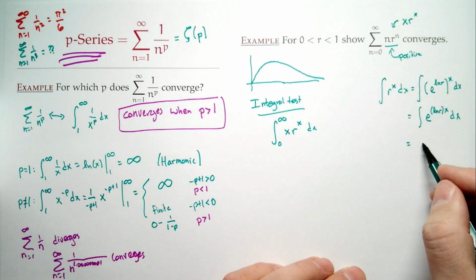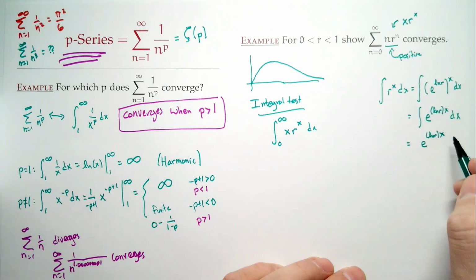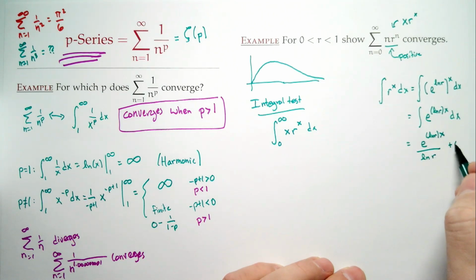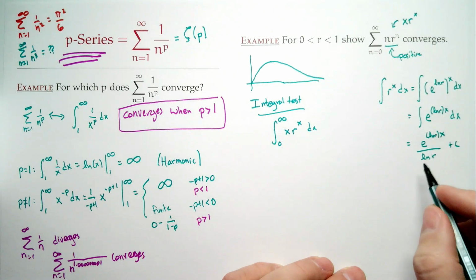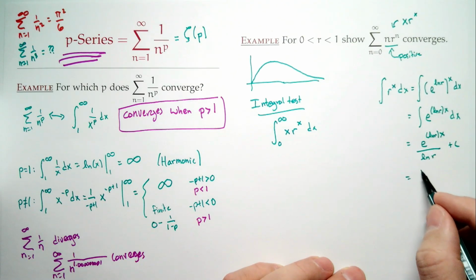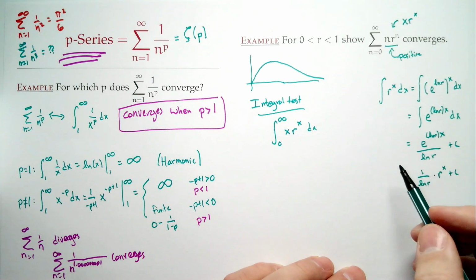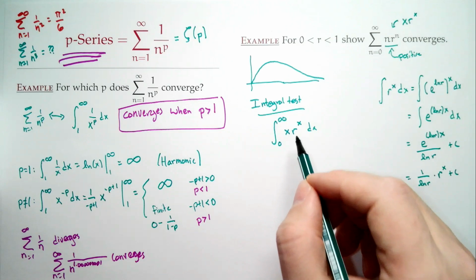So the way you integrate e to a constant x is you have e to that constant times x divided by your constant. And then you throw in a plus c, of course, because you always want to make sure you get all the points. e to the natural log of r times x, well, work backwards. That's r to the x. So you get 1 over natural log of r times r to the x. Okay, so that's the integral of r to the x. How do you integrate x r to the x?